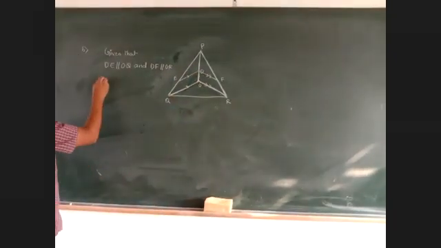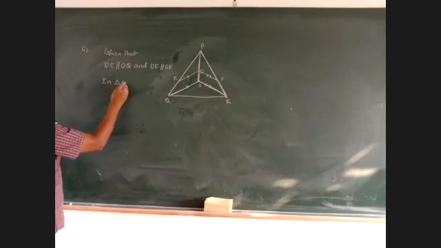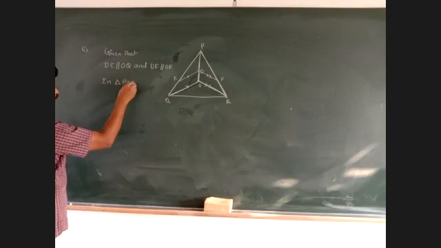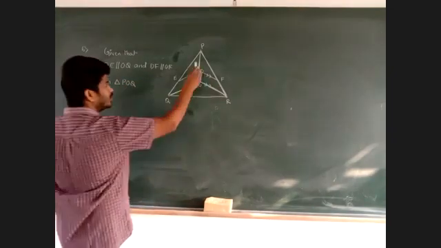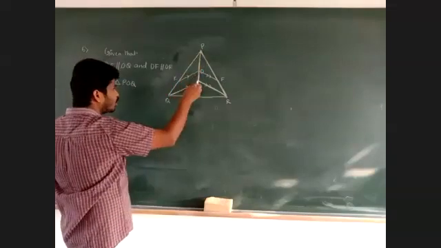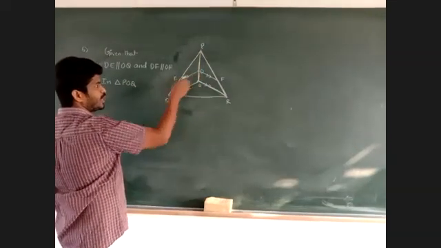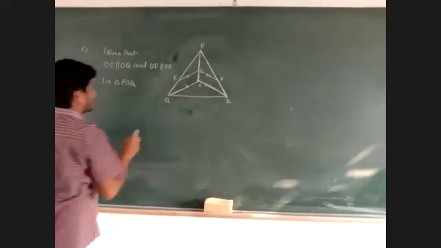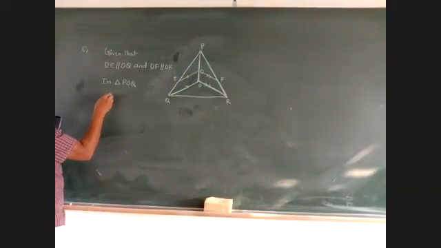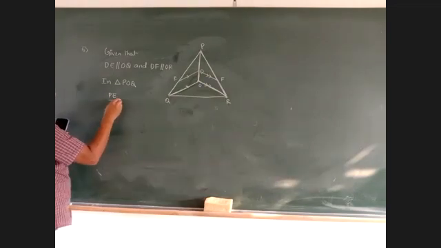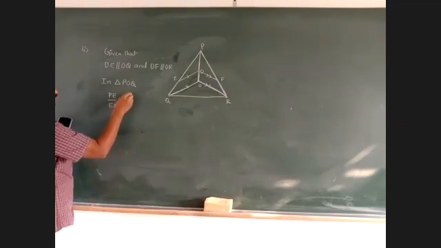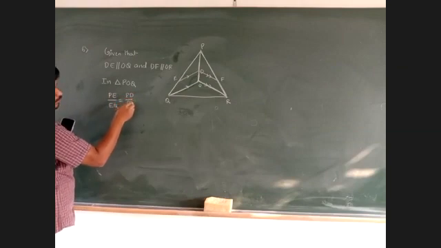Then in triangle POQ, if DE is parallel to OQ, apply the basic proportionality theorem: PE by EQ equal to PD by DO.